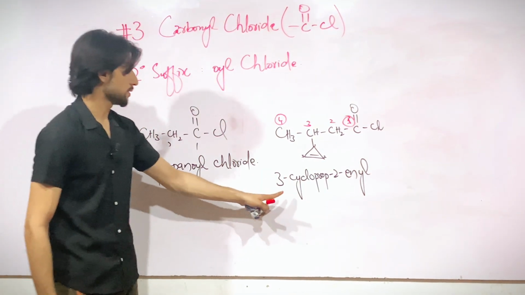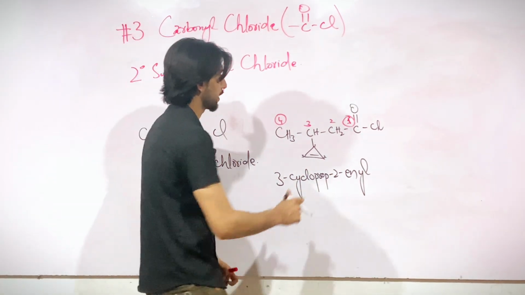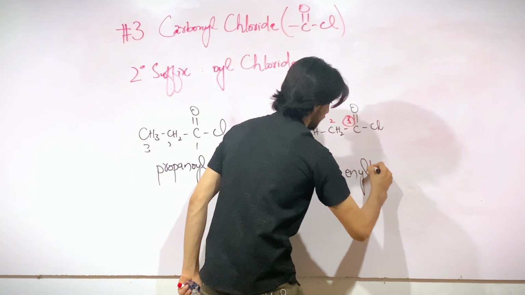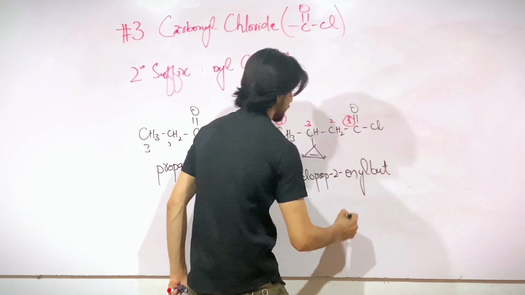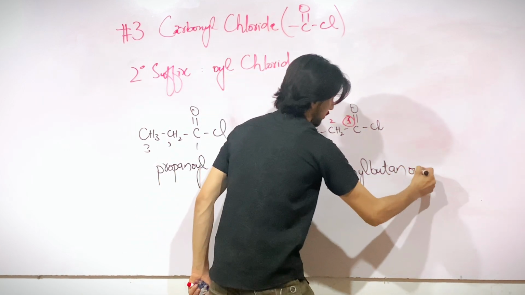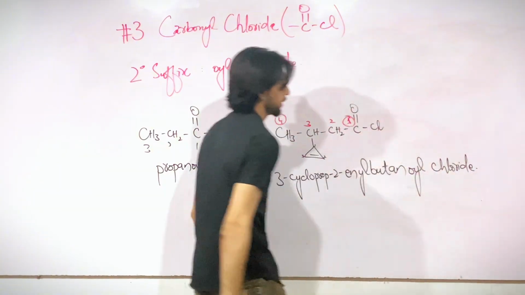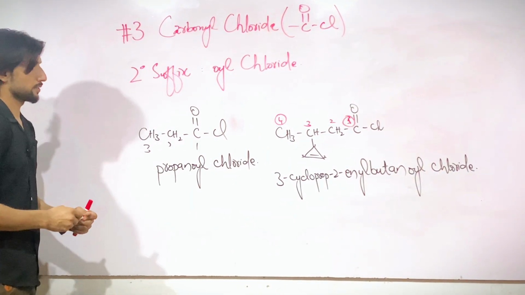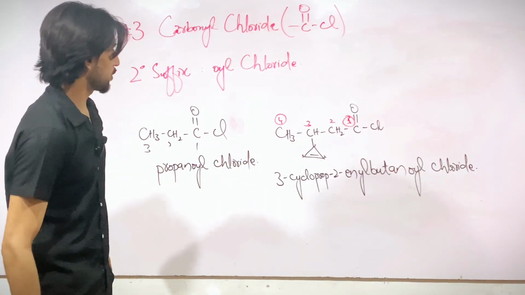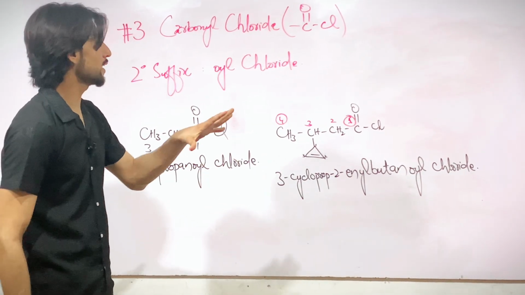So this becomes 3-cycloprop-2-enyl. Now our parent chain contains 4 carbon atoms, so this becomes but, and an for saturation, and oil chloride is our secondary suffix. So the final name for this compound becomes 3-cycloprop-2-enyl butanoyl chloride.